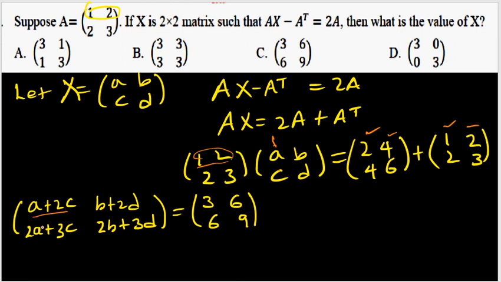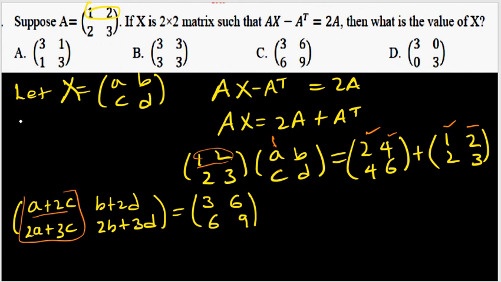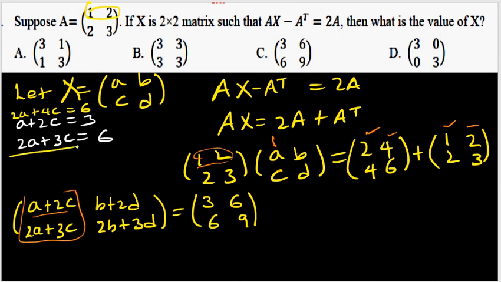Then let's equate the first row here to the first row there correspondingly. The first one: a plus 2c is equal to 3, and 2a plus 3c is equal to 6. I can multiply the first equation by 2: 2a plus 4c is equal to 6. Now I can subtract, and c is equal to 0.